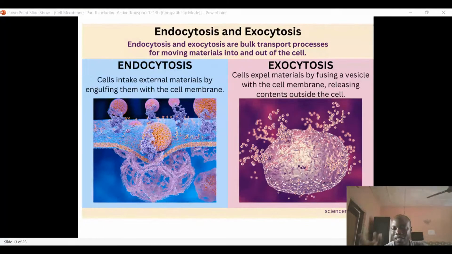So in the case of exocytosis, the cell membrane uses a vesicle to fuse with the molecules and then take them out of the cell. But in the case of endocytosis, the cell membrane will engulf the molecules.